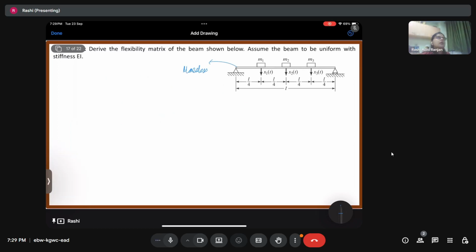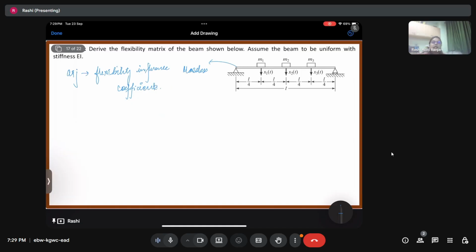What was the idea of Aij, the flexibility influence coefficients?